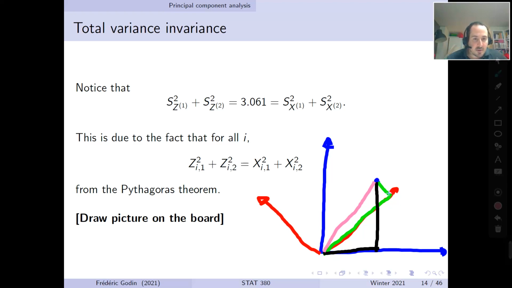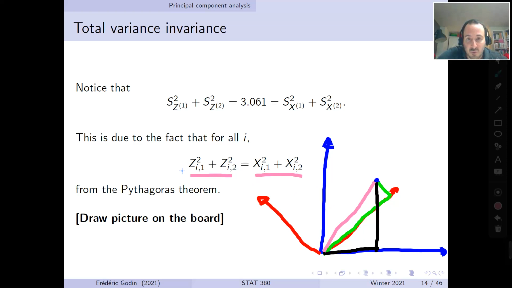Conversely, this segment squared in green plus the length of this other segment squared in green, once again through Pythagoras theorem, is the length of this pink segment squared. So if you sum this square plus this square, it should be equal to this square plus this square. Okay, so the sum of squared coordinates in the first set of axes should be equal to the sum of the squared coordinates under the second set of axes.